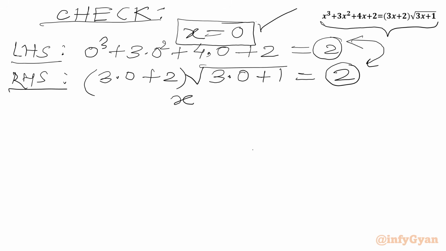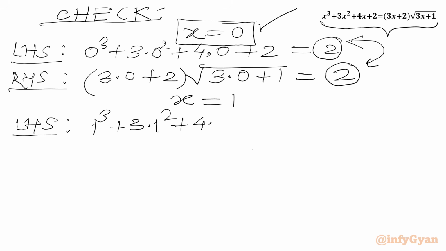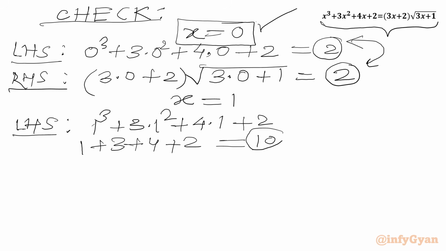Now we are going to check x equal to 1. Let's put x equal to 1 in LHS. We will get 1 cube plus 3 times 1 square plus 4 times 1 plus 2, which will be equal to 1 plus 3 plus 4 plus 2. Value will be equal to 10. So our LHS is 10. Now we will check RHS value.